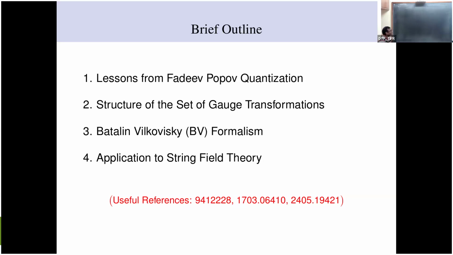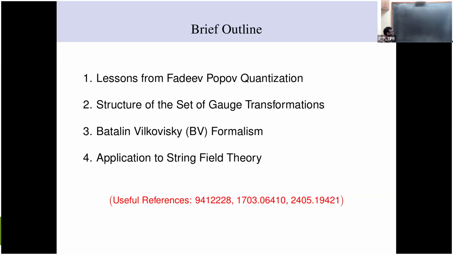So we need to develop a more general formalism, known as the Batalin-Vilkovisky or BV formalism, if you want to quantize a system which has symmetries beyond, say, Yang-Mills. So we covered this first part of the talk.